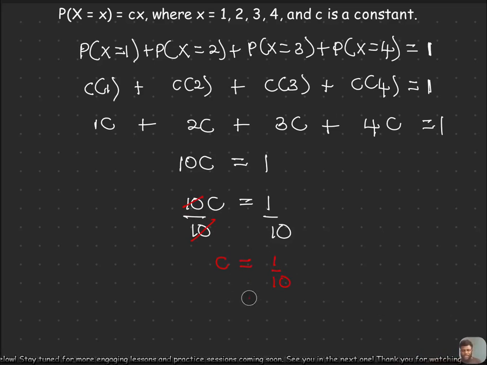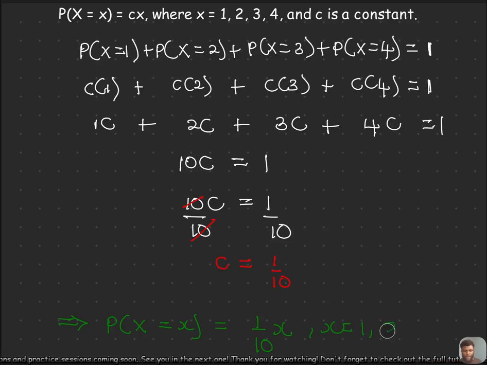The constant we are looking for is actually equal to 1 over 10. This implies that the probability mass function is p of x equals x over 10, and it is defined for x equals 1, 2, 3, and 4. So we have to take note of this. Hence, this is our c.